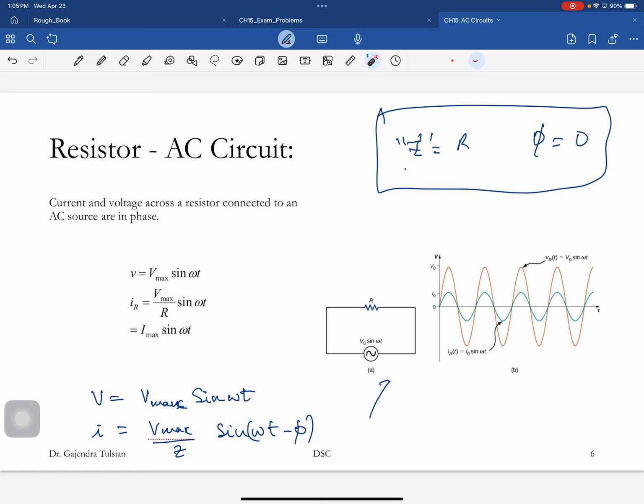Let's look at the diagram. This is the AC source connected to the resistor. As the voltage is increasing, the current is increasing in lockstep. The voltage decreases, the current decreases in the resistor.